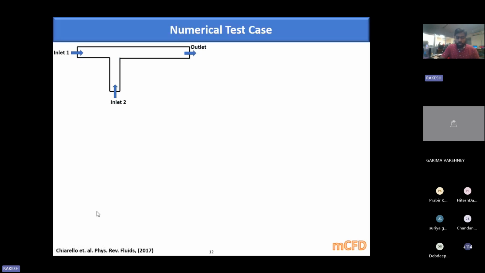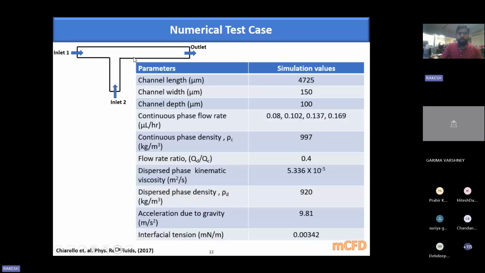Now, in order to see whether whatever we are implementing is working or not, we have taken one reference from the literature, from Carrello, and we have taken a simple T-junction problem. For the same, all the physical parameters are given, and this has been taken from Carrello.